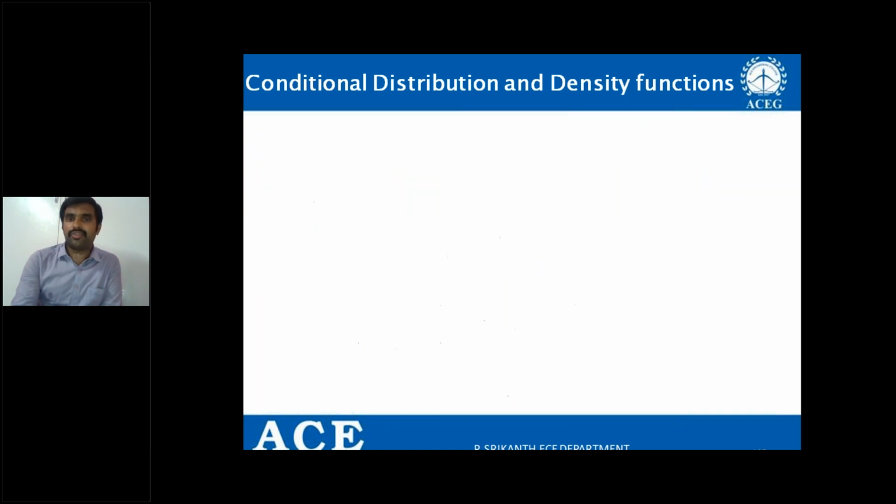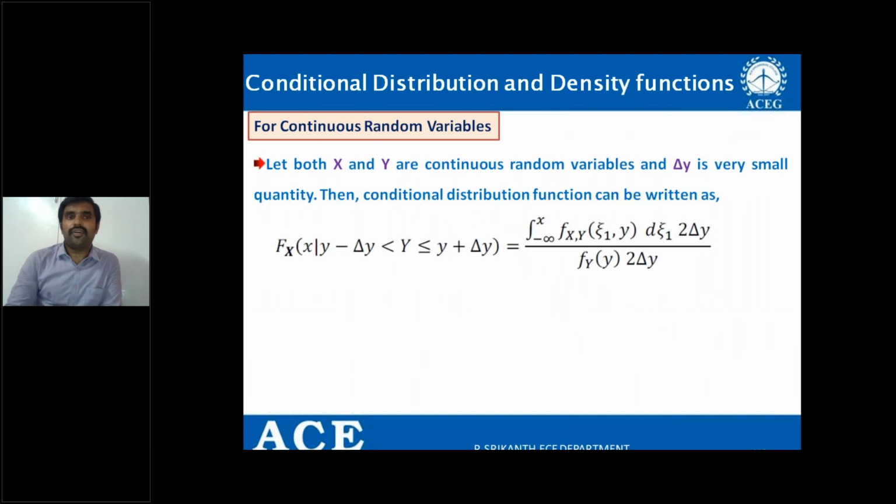If both x and y are continuous random variables and delta y is very small, then the conditional distribution function can be written like this. Earlier, the denominator was the integral from y minus delta y to y plus delta y of fy of y dy. Now, after the integration, we have got fy of y into 2 delta y, not dy, dx. So here also we got the same substitution.